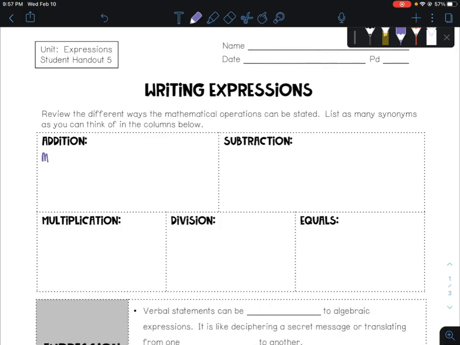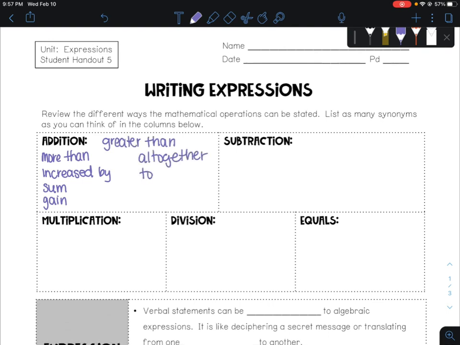We have more than, increased by, some, gain, greater than, altogether, total, in all, and combined. This is not all of the words that mean addition. It's just the ones that you're most likely to see.